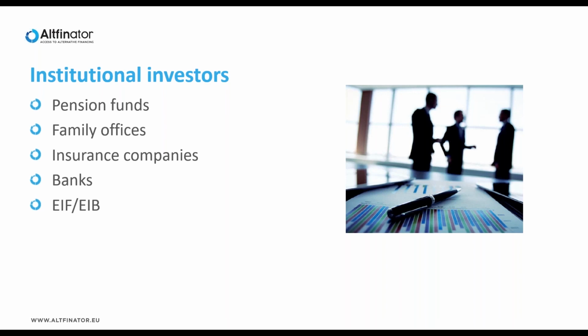Insurance companies with a lot of capital available, but also banks, because banks are also looking for investment opportunities and financial returns, and especially for small businesses, for them it's really difficult to invest in that industry.